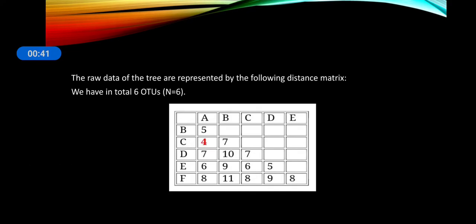From the raw data of the tree, we will make a distance matrix. Here we have 6 outgroups, that is n is equal to 6: A, B, C, D, E and F. Now you have to construct a distance matrix.